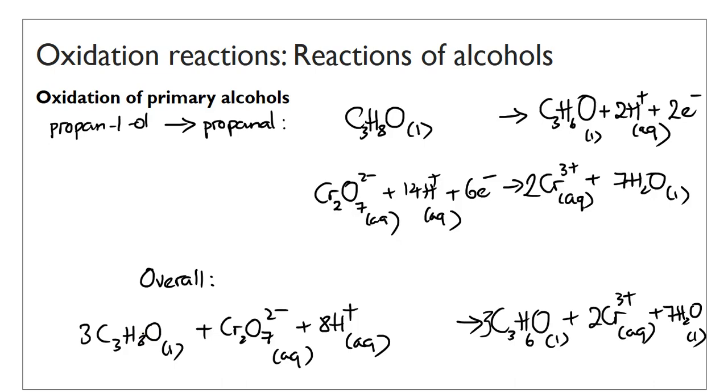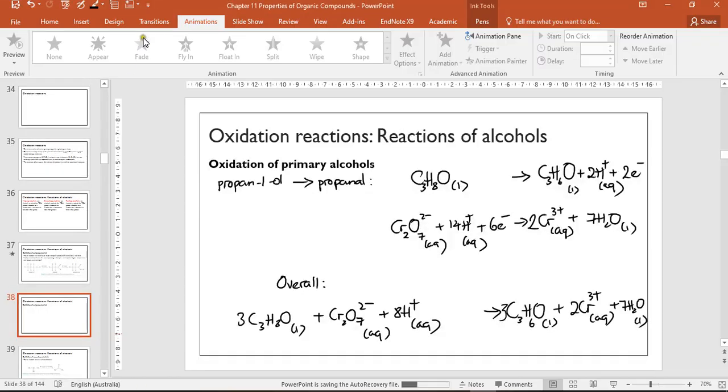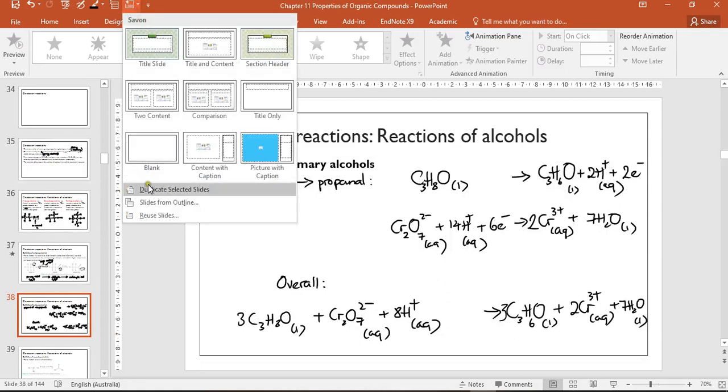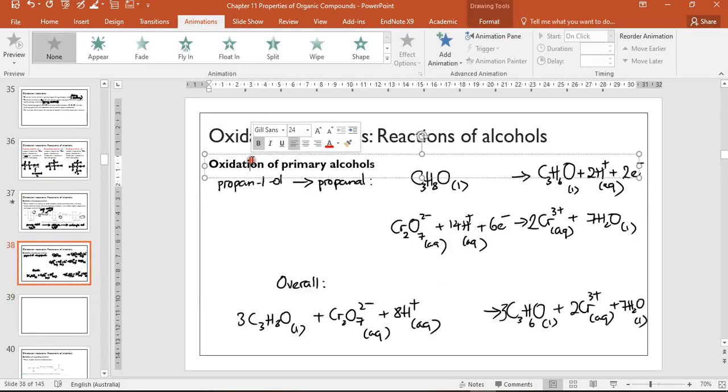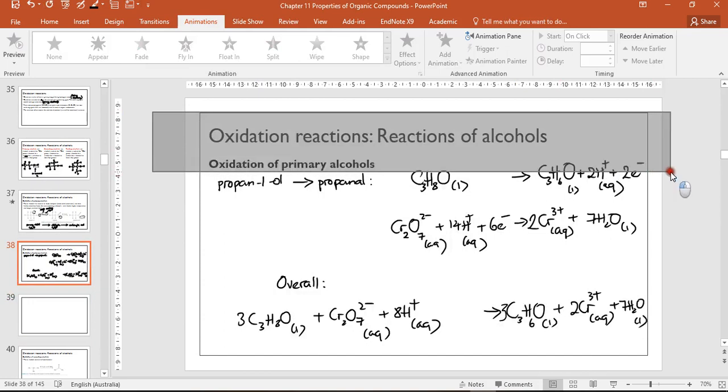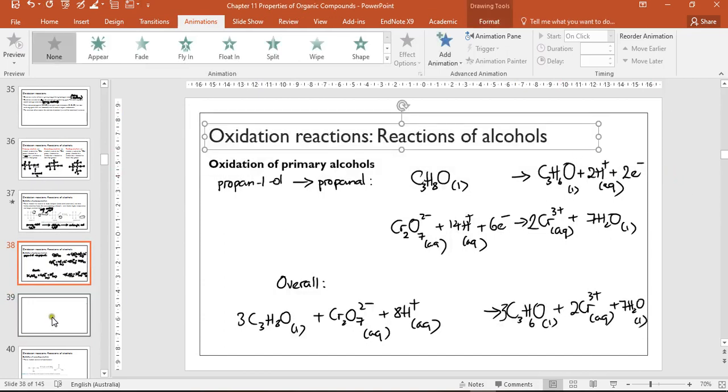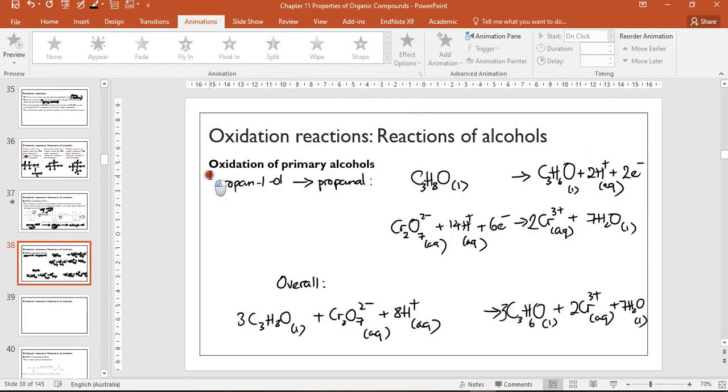So that's only propan-1-ol to propanal. Another slide, because the propanal can also undergo oxidation to form carboxylic acid. So let's just create another slide here and duplicate.